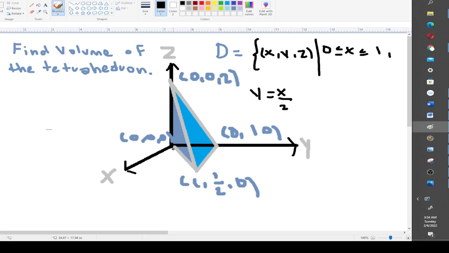We start at 0, 0, 0, and then when we travel 1/2 of 1, we go up a fourth for y. So 0 to 1, we only go up a half. So that's the same thing as a slope of x over 2. So we can say 0 is less than or equal to y, which is less than or equal to x over 2.